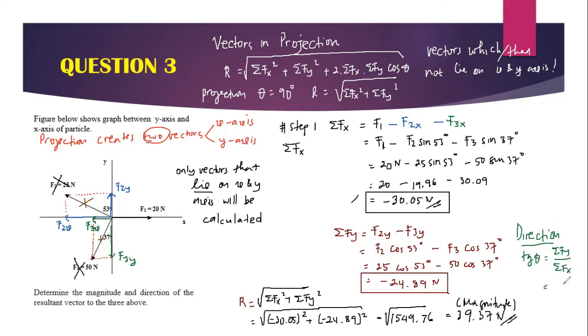Where is sigma Fy? Here. Minus 24.89 over minus 30.05. So theta is some degrees. Use your calculator. Is it clear to you, everyone? Yes, sir. Vector is very easy.